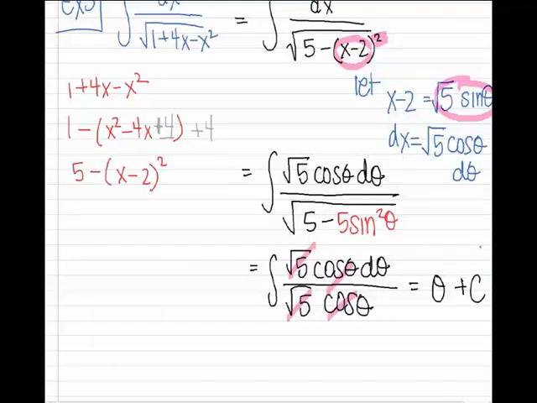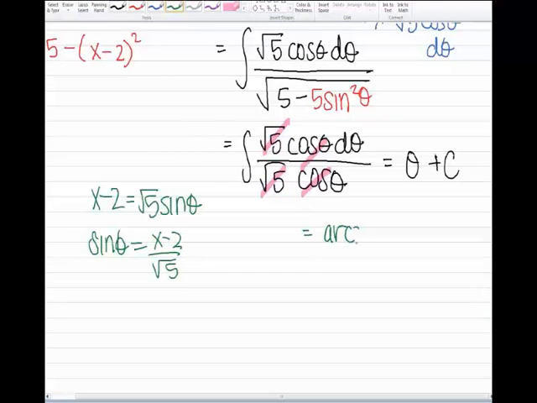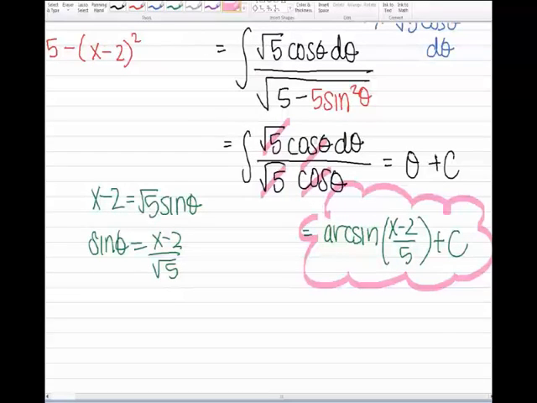So since I know that x, my original substitution, was x minus 2 equals radical 5 sine theta, equals x minus 2 over radical 5, I can go ahead and just use arcsine of x minus 2 over radical 5 plus c as my final answer. Was that any better? Hopefully a little bit easier.